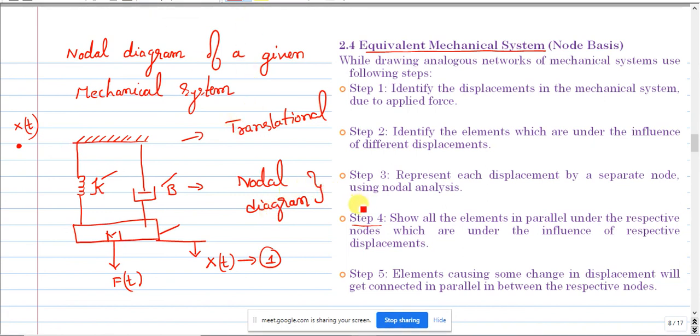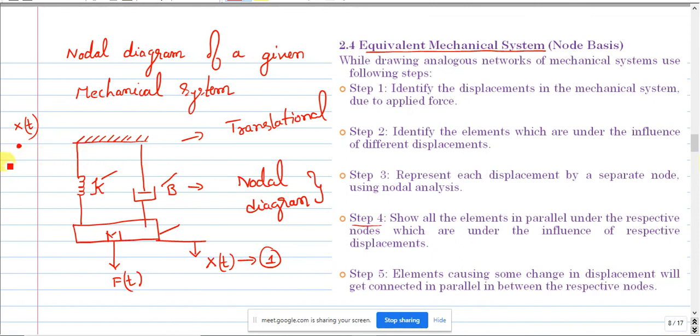Next, step 4, show all the elements in parallel under the respective nodes, which are under the influence of the respective displacement. You need to check, for the system we have only one displacement and we have 3 elements subjected to the same displacement. So you need to represent them in parallel.